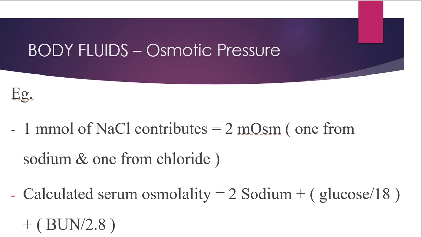How can we calculate our serum osmolality? This is an equation: twice the sodium value plus the glucose value divided by 18 plus blood urea nitrogen divided by 2.8. This is the equation by which we can calculate the serum osmolality.